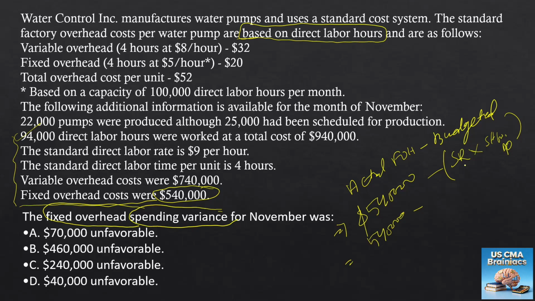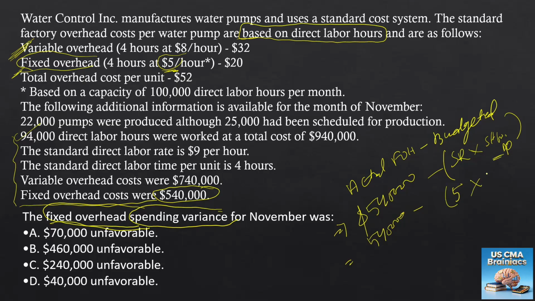The standard rate is 5, because the fixed overhead standard is $5 per hour. The variable overhead is irrelevant to us; we just focus on fixed overhead, because the question asks for the fixed overhead spending variance. What about the standard hours for actual output?